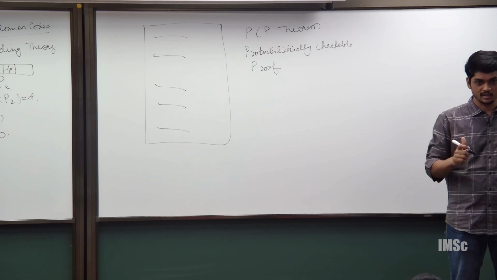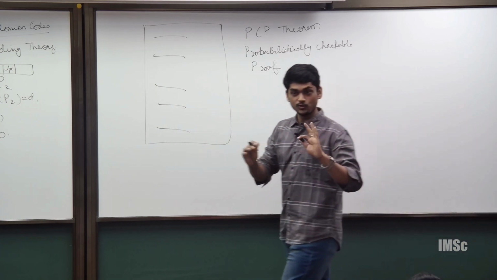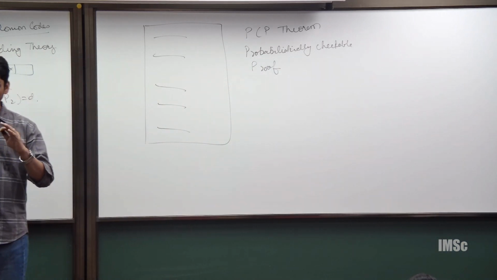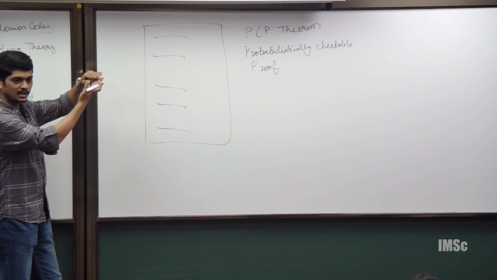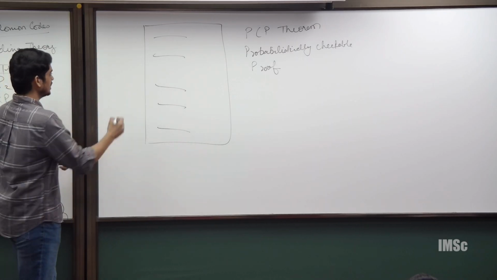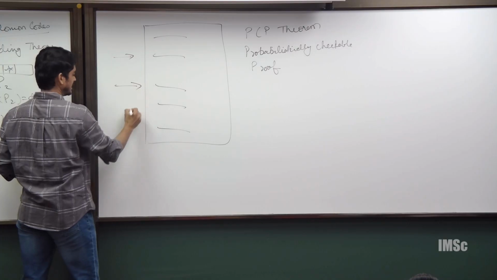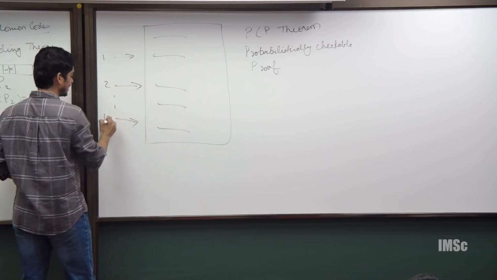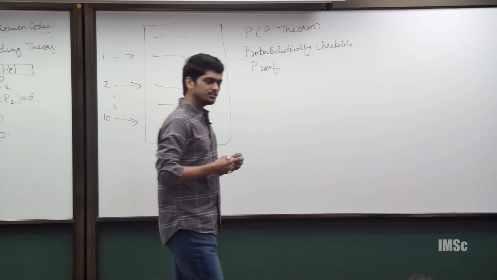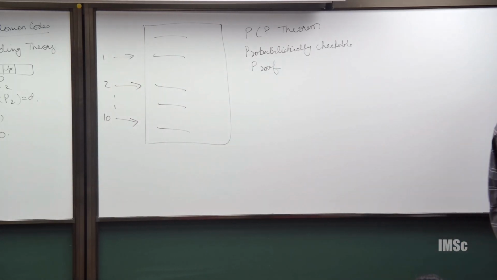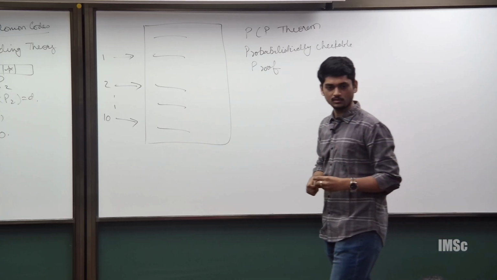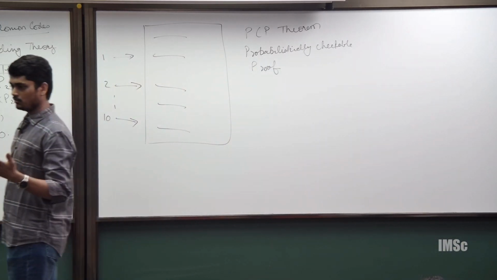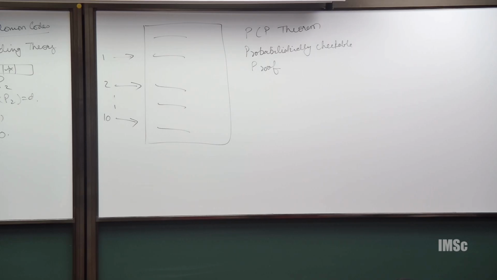If I just want to do that, I can just look at a few lines, and what that few means is, it does not matter how long the proof is, I will just look at some randomly chosen 10 lines. Just by looking at these 10 lines from potentially hundreds of thousands of millions of lines, I will be almost sure that your answer is correct. So I can save a lot of time.